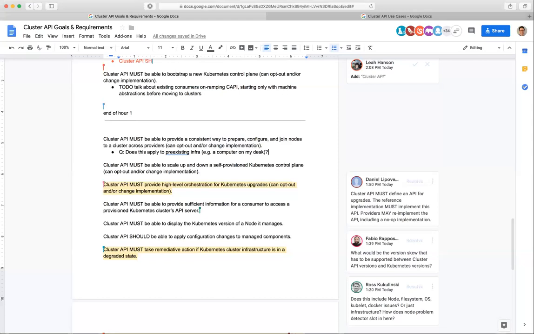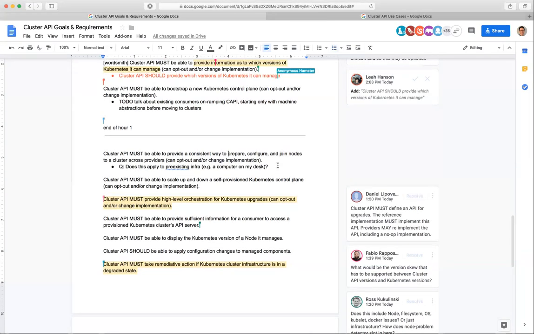Yeah. Are each of those steps, prepare, configure, and join, decomposable? So, say I set up a node myself, we have a requirement for that, and then I can just join it. So I can do the prepare any way I want, I can do the configure any way I want, and then I can use the join phase. Or are these a unit? I don't think we've defined that yet because we're still talking at a high level.